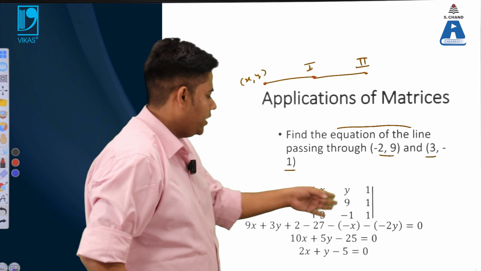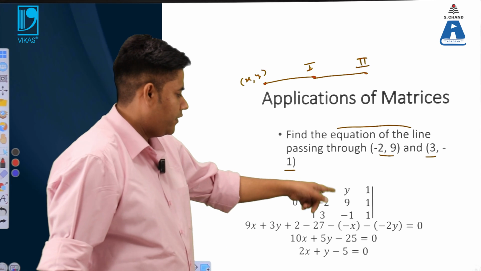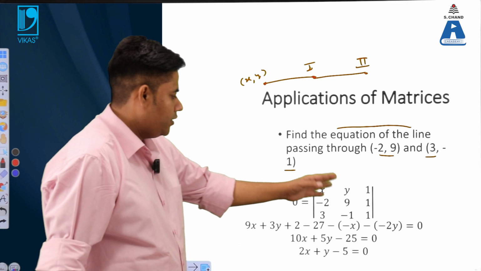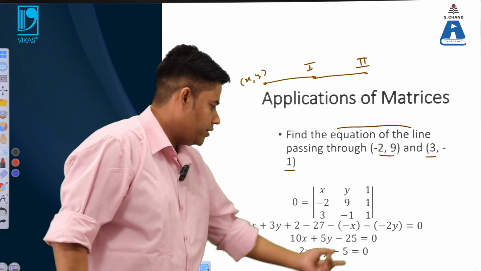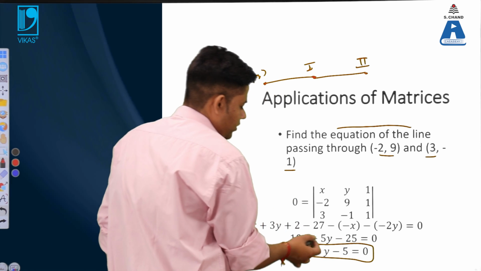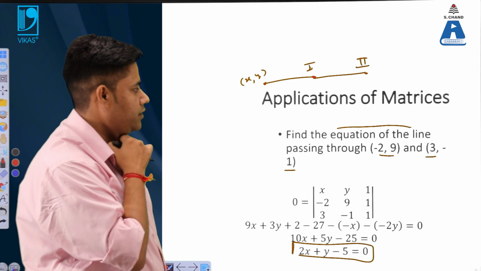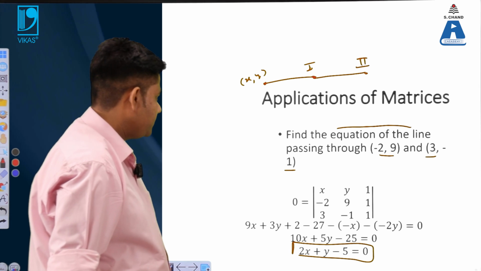So this is the area part, which is the determinant, having a particular value that I have told you in the previous slide. So when you solve this determinant, you will get some equation in terms of x and y. That particular equation is desired in the question, and that is the application of matrices in finding out that particular equation.